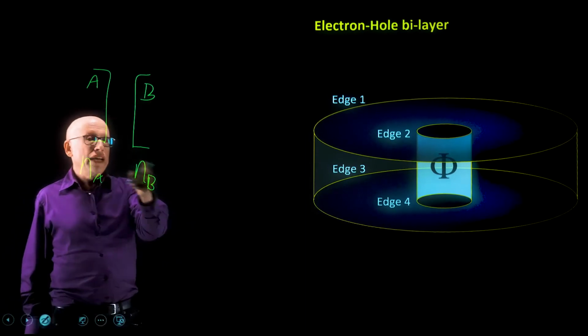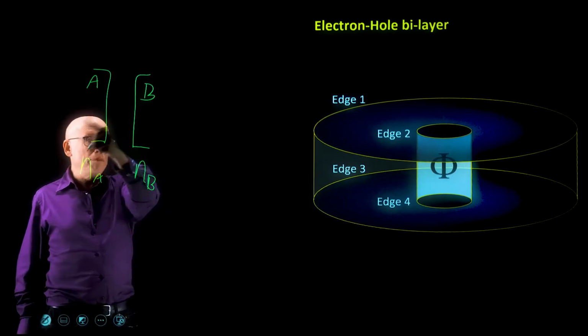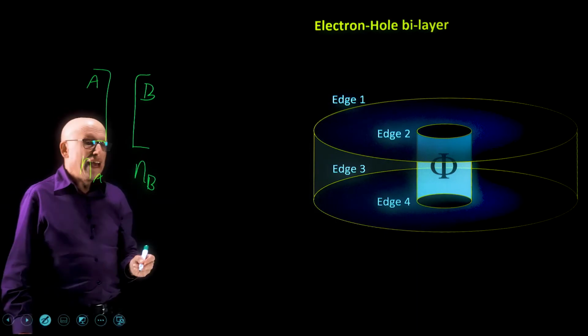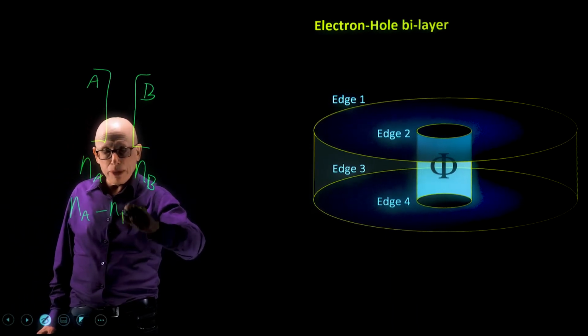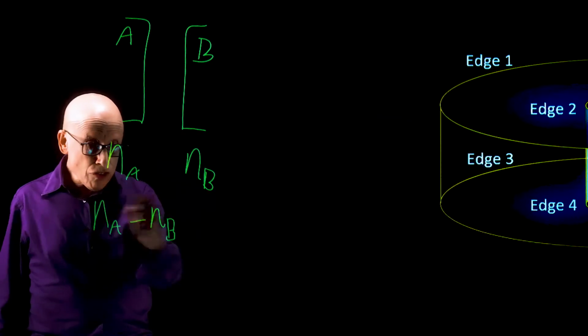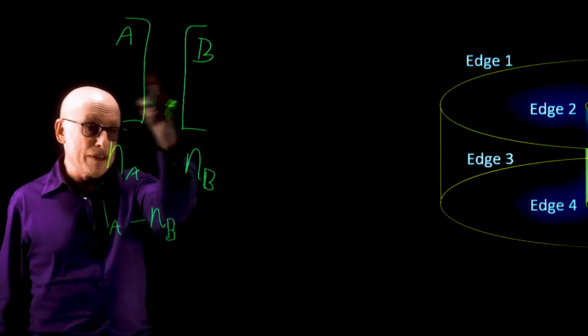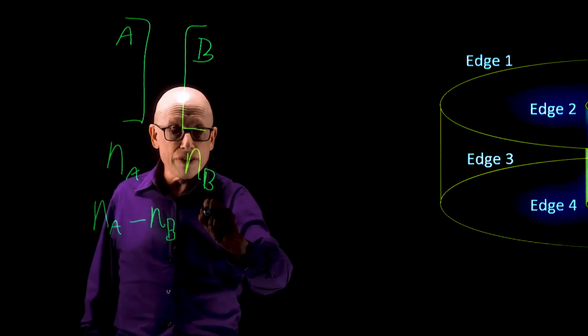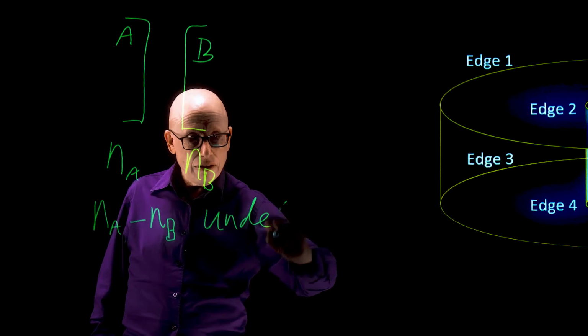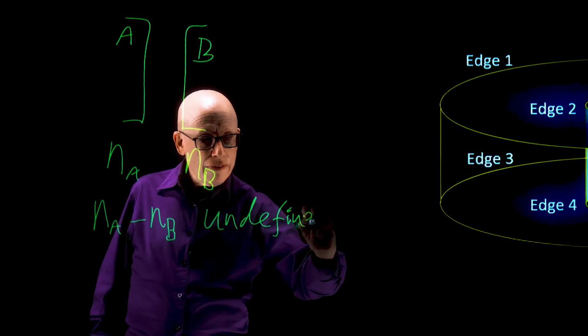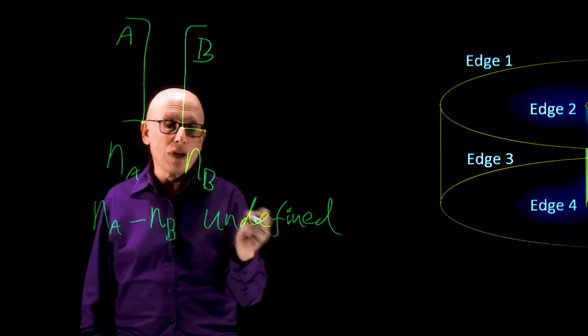We let Cooper pairs tunnel between A and B back and forth, and therefore Na minus Nb, the difference between the number of Cooper pairs, because of the tunneling becomes undefined, with a large quantum uncertainty.